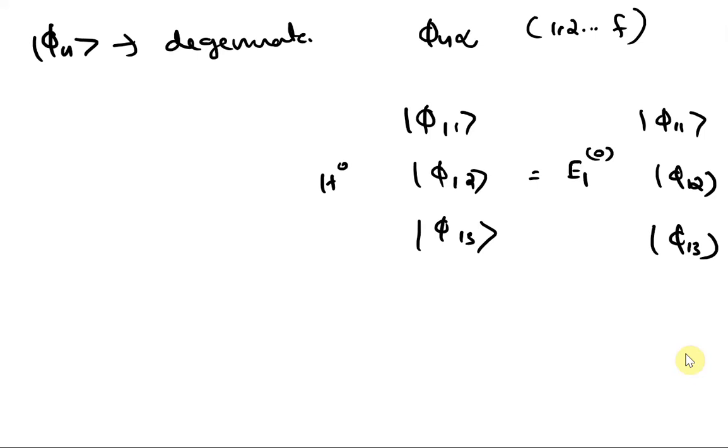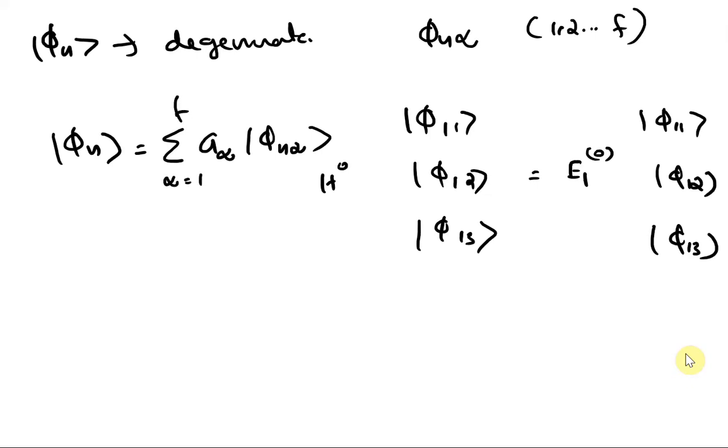If you want to represent phi n, it is nothing but a linear combination with constants a, n alpha, times phi n alpha, where alpha is running from 1 to f, if f is the degeneracy of that state. It can take any value, so it will be a combination of all the possible values.